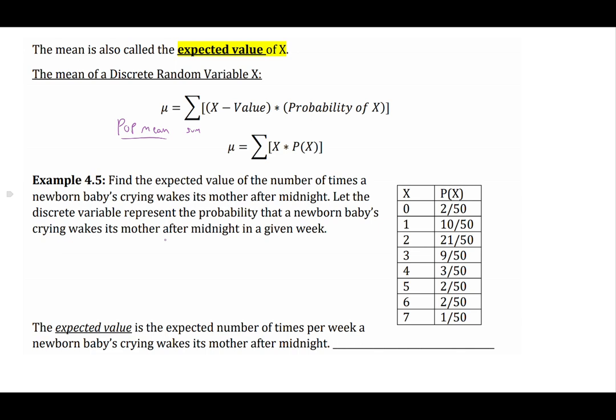Since there are 7 days a week, we have the variables 0 through 7, because a baby could sleep through the night. So to find the expected value, or the mean, for this probability distribution, we can make a new column, and we'll call this new column x times p of x, because we need to find the products and then add them all together.